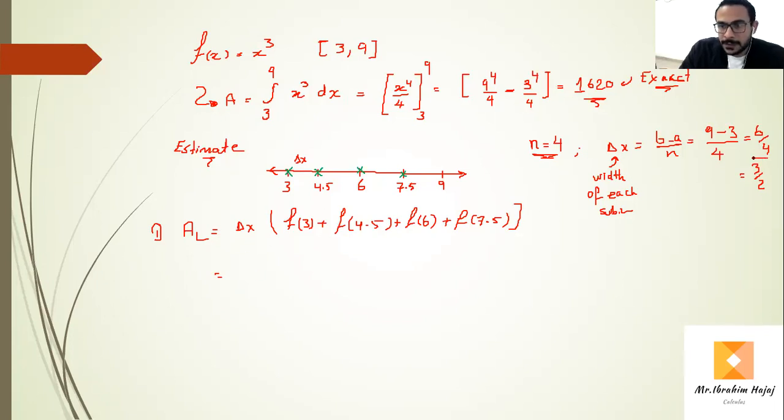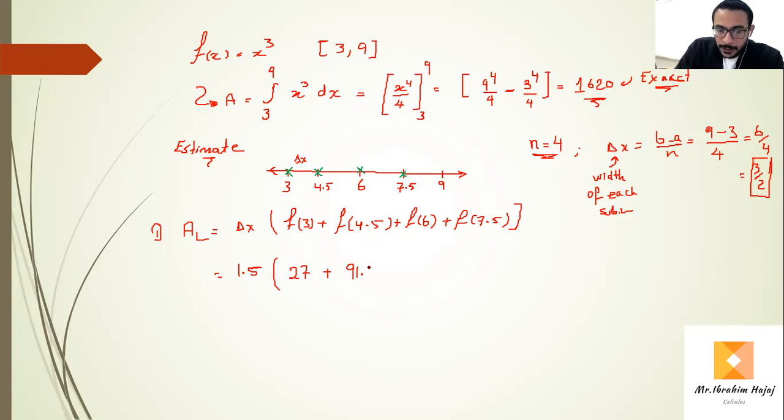Then to find the area using the left endpoints, we substitute delta x from the previous step, which is 3 over 2 or 1.5. F of 3 is 3 to the power of 3, which is 27. And 4.5 to the power of 3 is 4.5 times 4.5 times 4.5, which is 91.125.